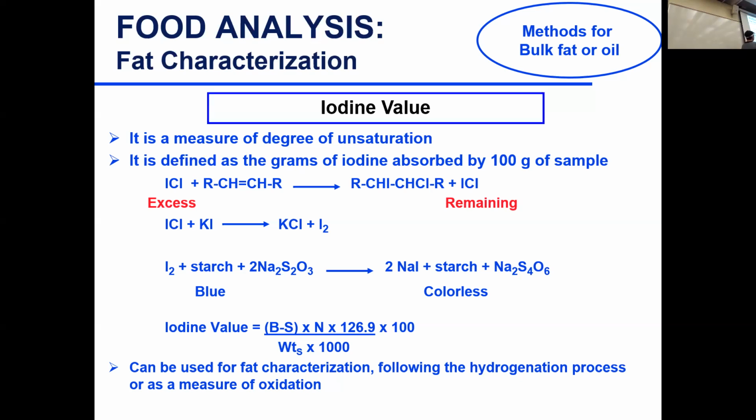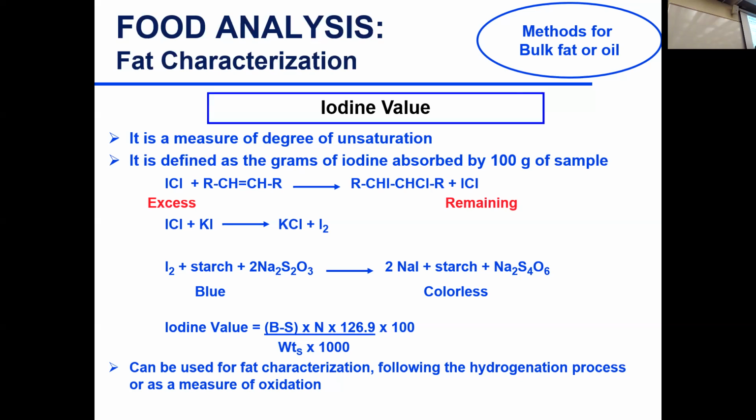Now, how do we measure iodine value? You have your designated oil, corn, canola, olive oil, coconut oil, whatever it is. You react it with excess iodine chloride. The iodine chloride is going to go to the double bond and saturate it.